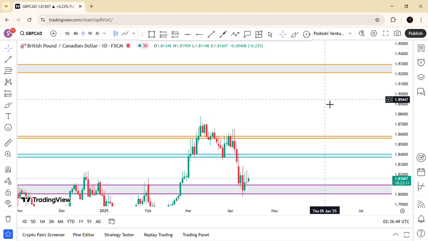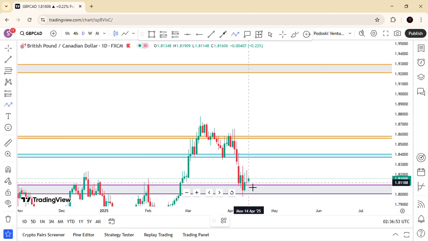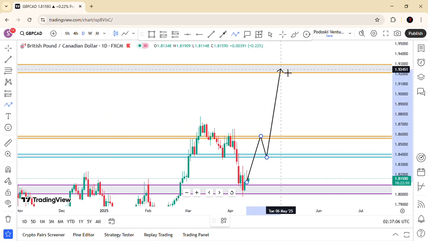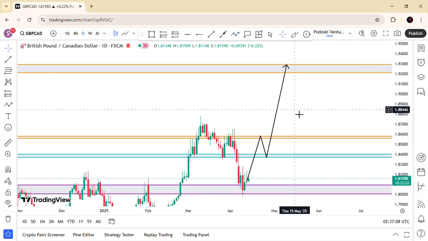The only way price can change structure is if price is able to break out of this daily zone, touch the weekly zone, then we see a retest at this daily zone before we pick the buy all the way to the next weekly zone.